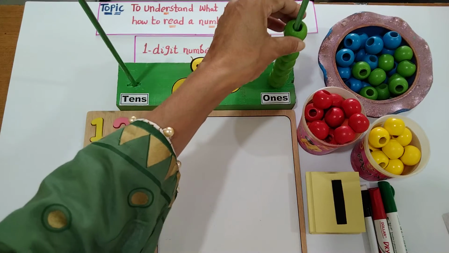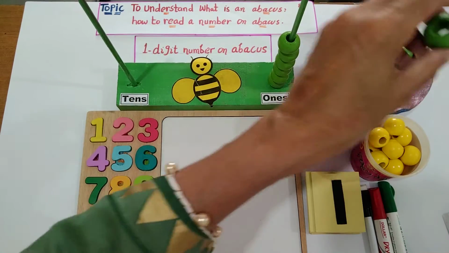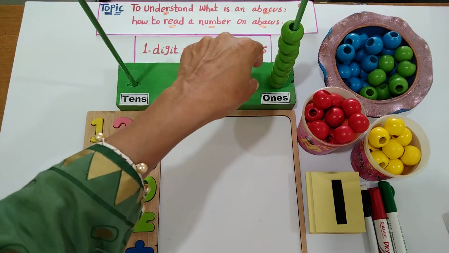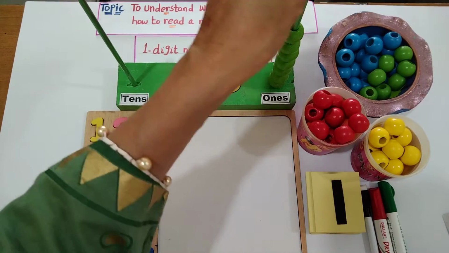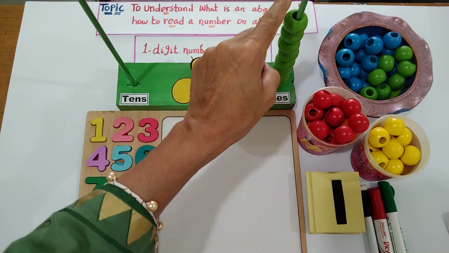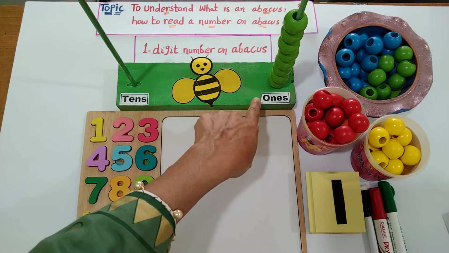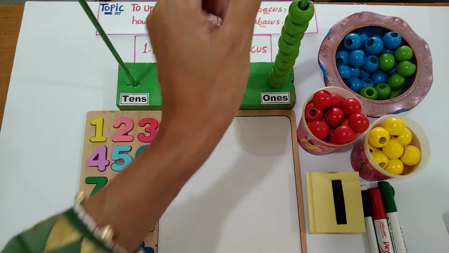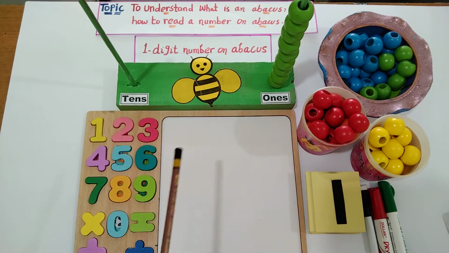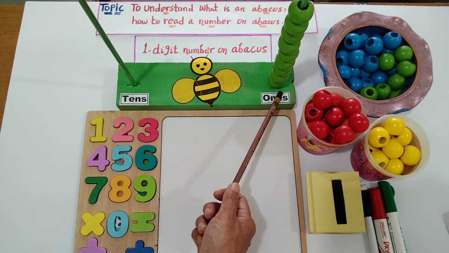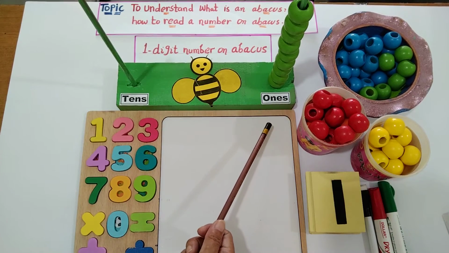Ones are the single digit numbers, which start from 1 and end at 9. You can see I am inserting the beads inside the rod on the ones place. Now I have some beads inside the rod.